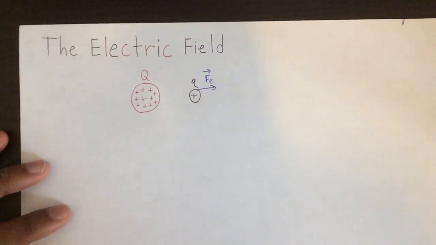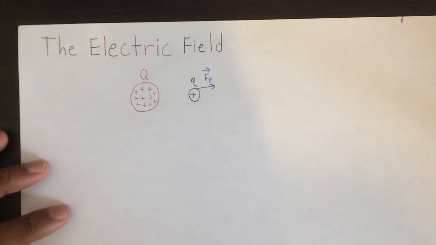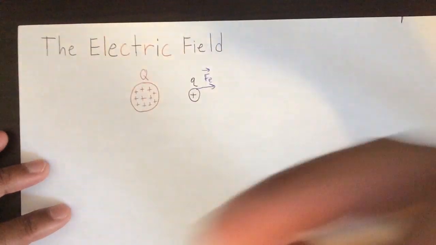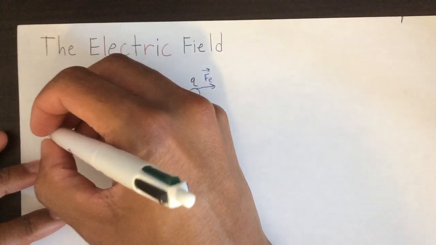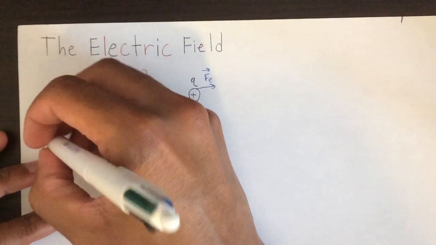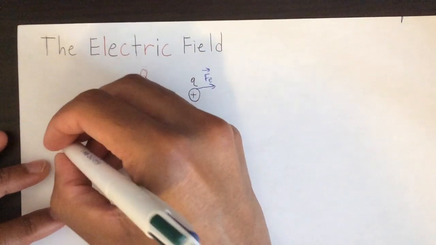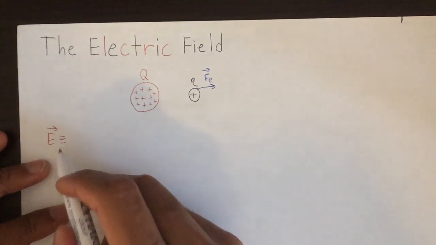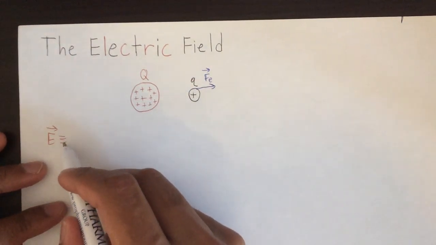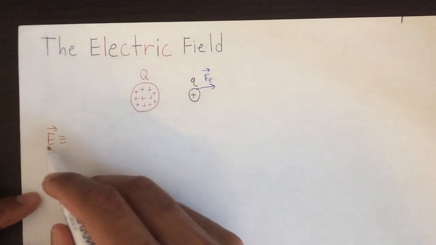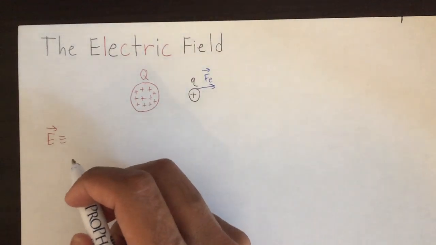The electric field vector, or the electric field, is defined as a vector E. This is different from equal. It means defined, not equals.